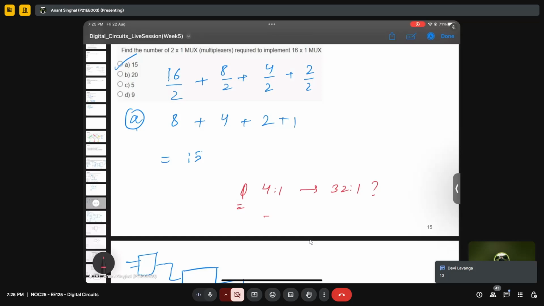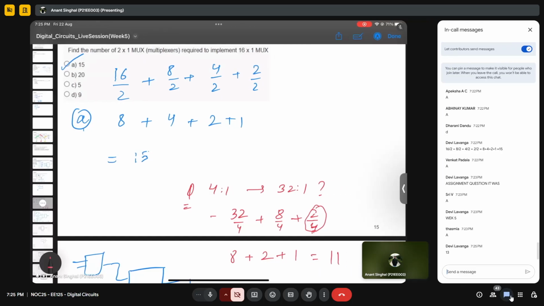Okay, I've got 13, so let's do that. So it's 32 by 4, which is 8. Then 8 by 4, which is 2, and then 2 inputs to a 4 mux required, so it will be plus 1. So it's 11. Why did you say 15?